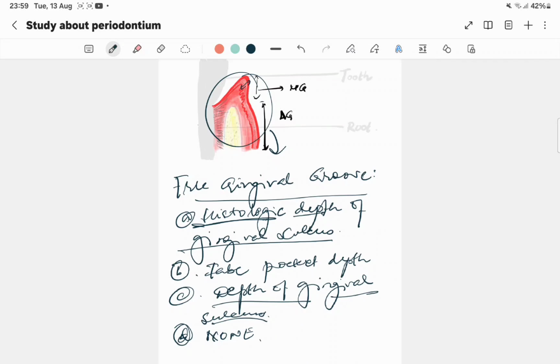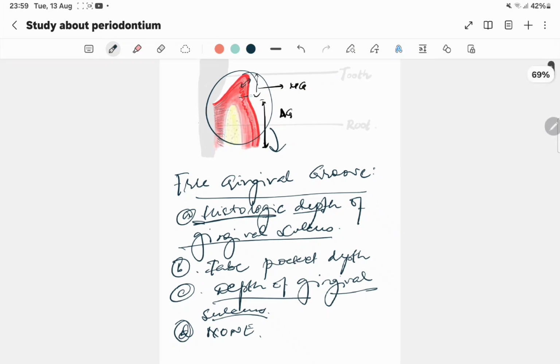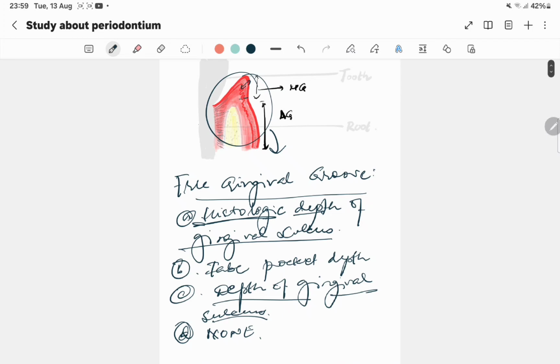It is the exact place where there is a depression. Okay, so this area, and it demarcates the histologic depth of the gingival sulcus, the exact position where the sulcus gets attached onto the cemento-enamel junction.